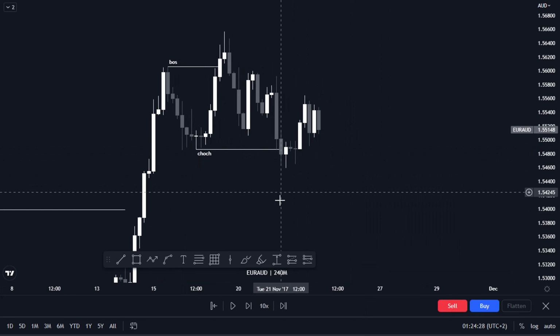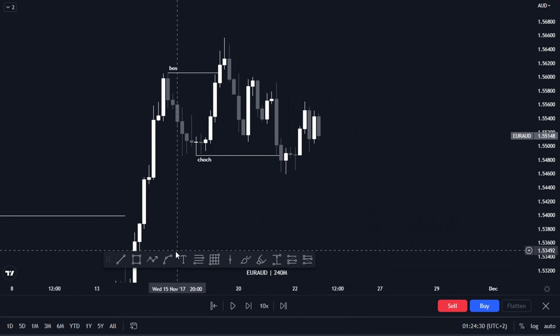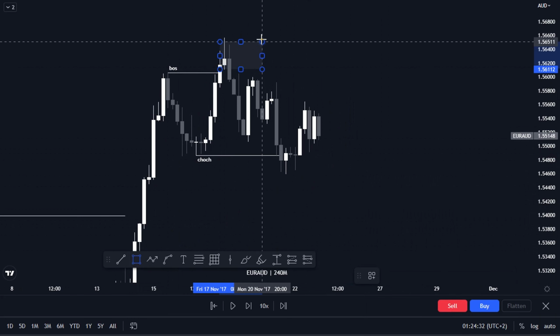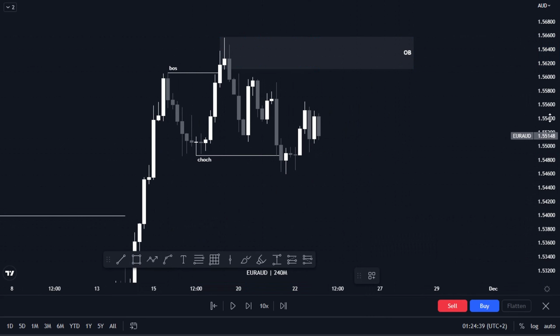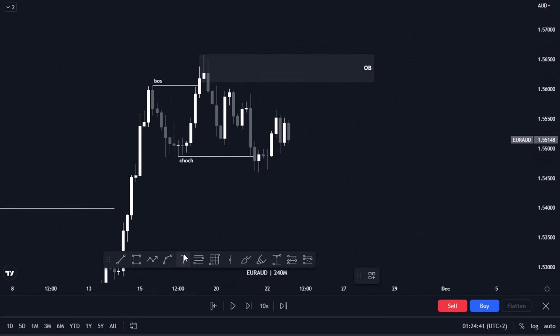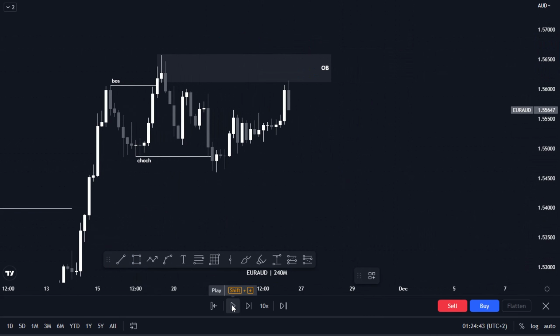So what we're looking for maybe is this high or this order block here to be respected. Okay, so now let's see what price does.